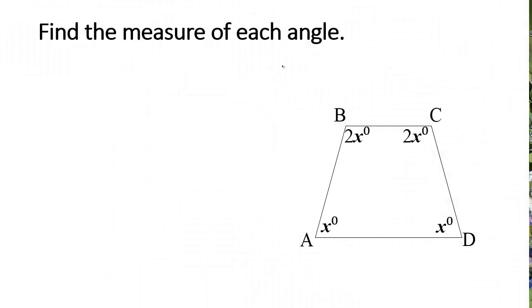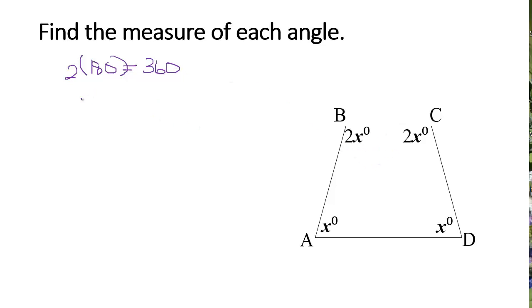Two more examples. We can ask you to find the measure of each angle. This is a quadrilateral, which means 4 minus 2 times 180 will be the number of degrees in total for all of those angles. So we have a 360 degree interior angle sum.